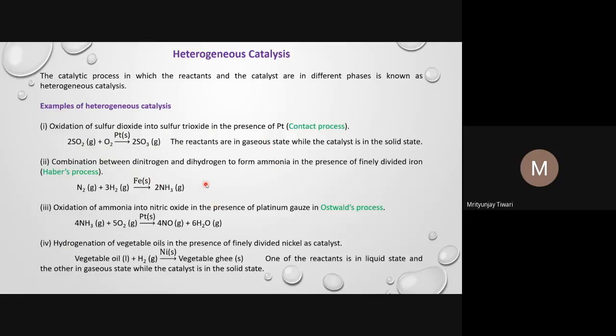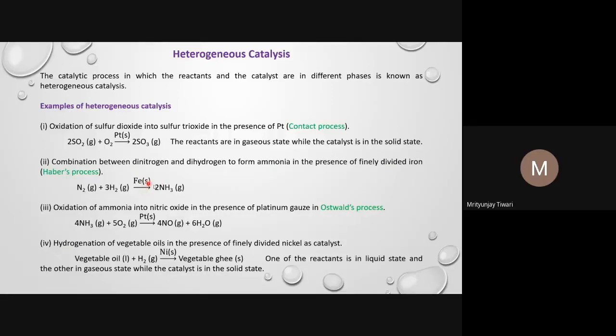The combination between dinitrogen and hydrogen to form ammonia, the Haber process that we know, in the presence of finely divided iron, is also an example of heterogeneous catalysis. Nitrogen is a reactant and hydrogen is also used as a reactant. They are in the gaseous phase, and the iron is in the solid state.